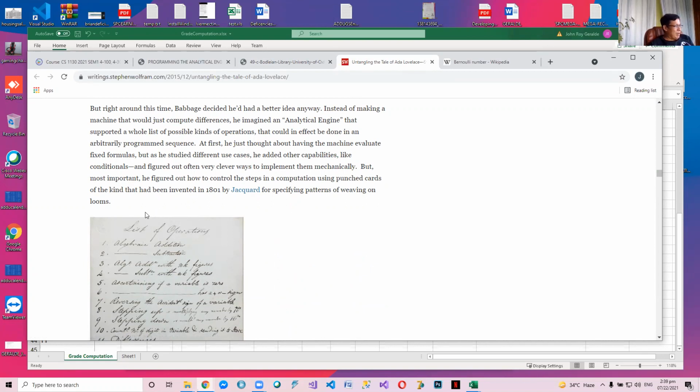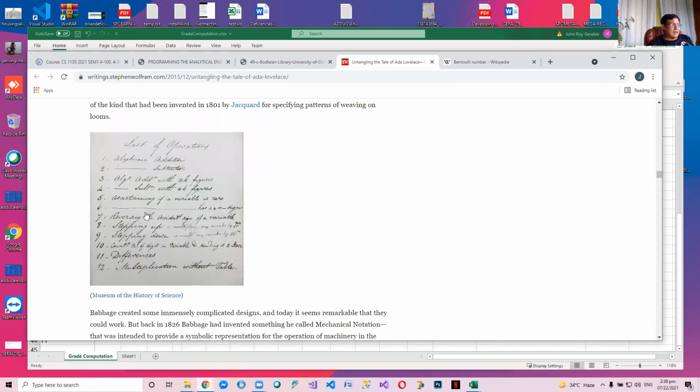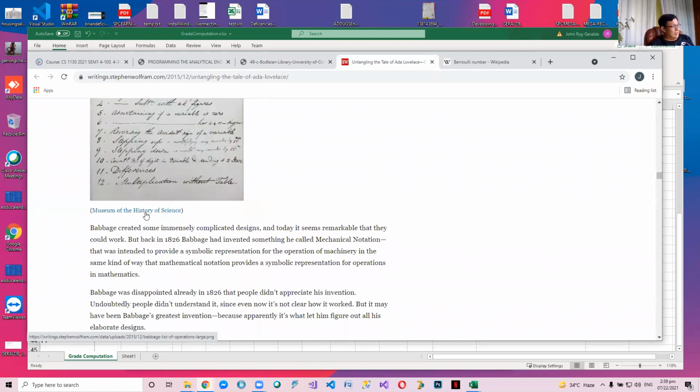However, the sad news happened when Ada Lovelace died at an early age, at the age of 36. She got sick, which caused her to die at an early age. And after that, nobody paid interest to the analytical engine anymore, such that the technology died a natural death.